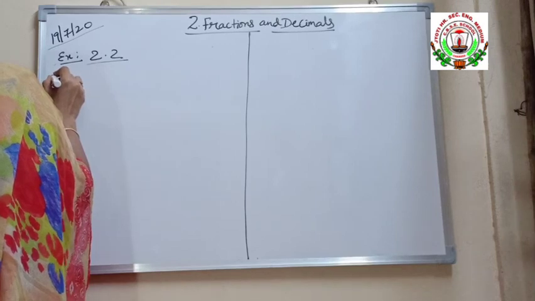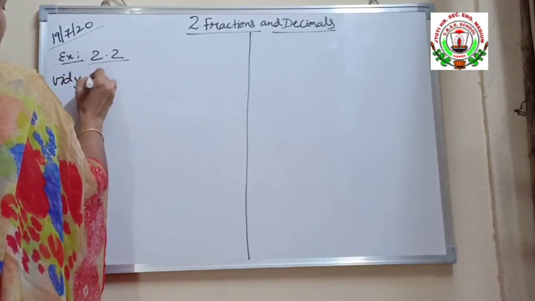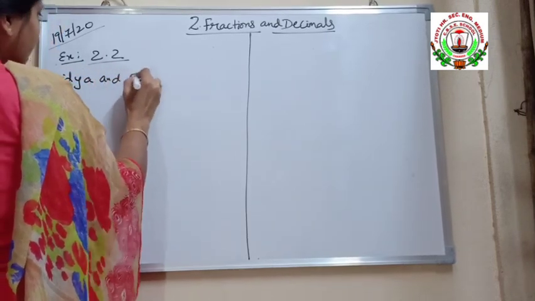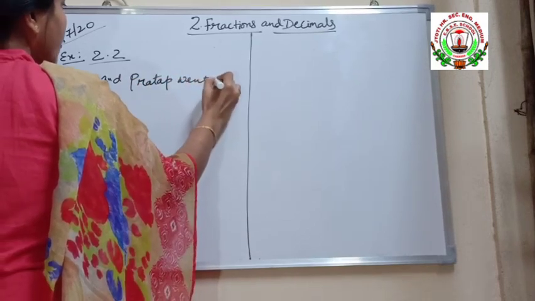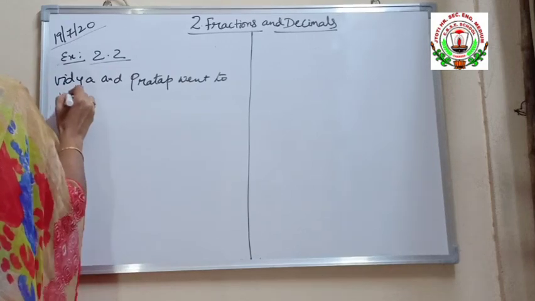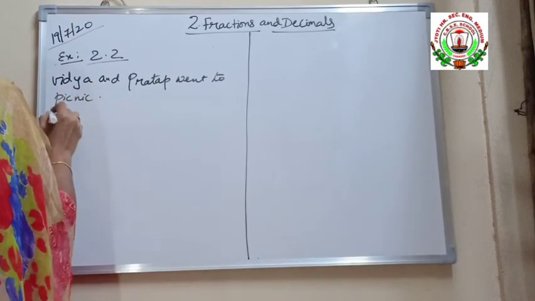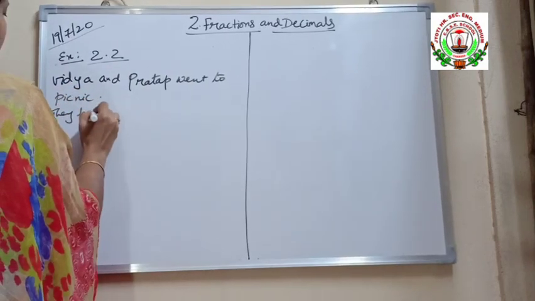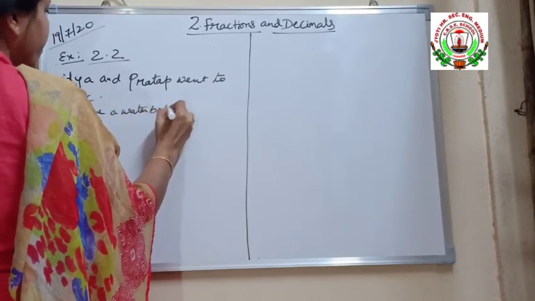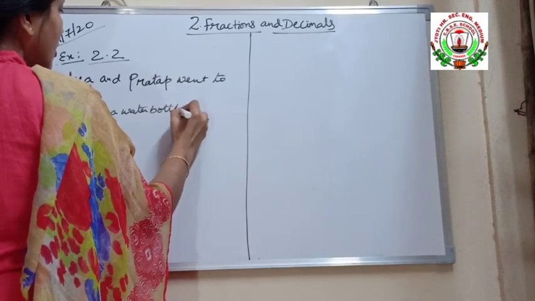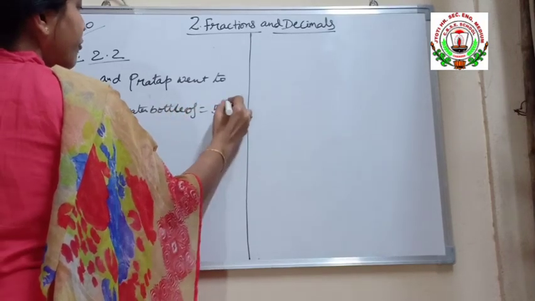See, Vidya and Pratap went to a picnic. They have a water bottle of 5 liters.